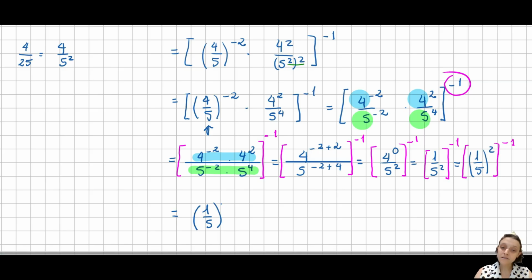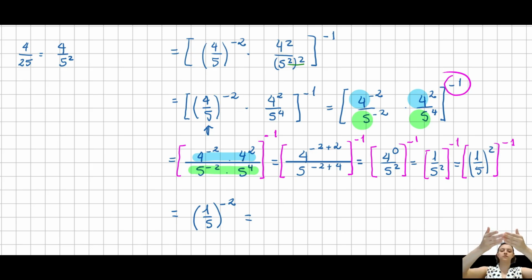So this is -2. Now that we have a -2 as an exponent, what does this negative do? It changes the position of the base. And in this case, as the base is a fraction, the numerator goes to the denominator, and the denominator goes to the numerator.